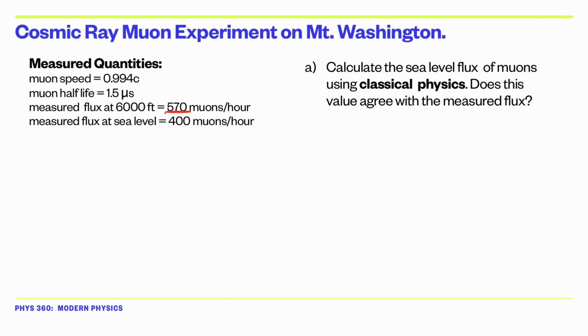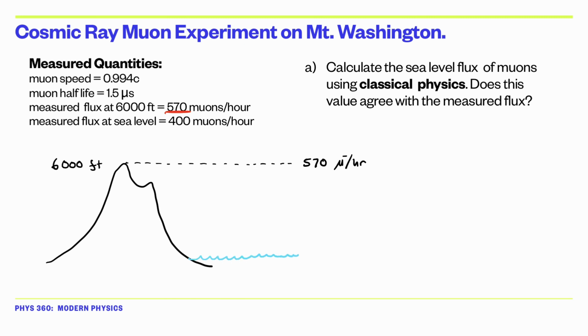So if we move the detector to a lower altitude, we expect it to detect fewer muons because a fraction of those that came down past the 6,000 foot level will die before they get to a lower altitude detector. So we'll draw a schematic diagram showing Mount Washington at 6,000 feet elevation and then sea level down below.